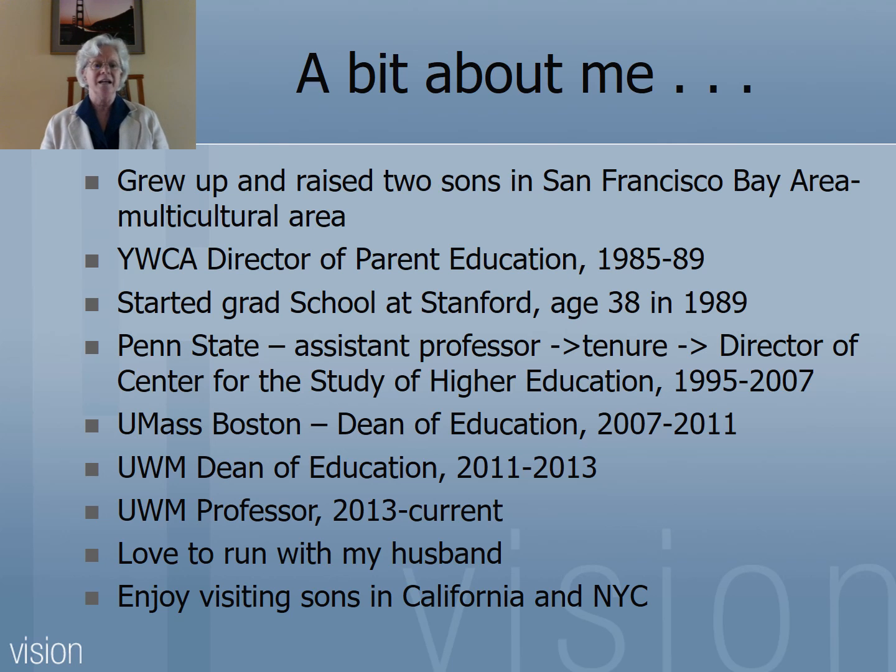It's like a mini United Nations walking across that campus. From there, I came here to UWM as Dean of Education in 2011, a crazy time for education here in Wisconsin. And since 2013, I've really enjoyed going back to being a professor for all of the opportunities to learn with and from my students.